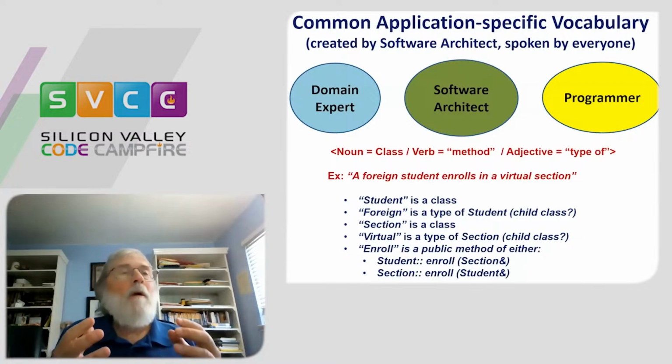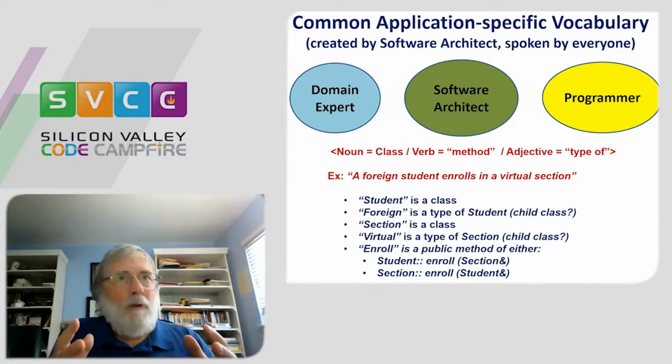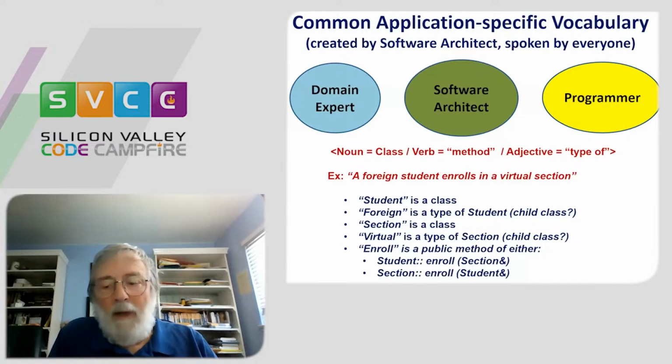And so when we hear words about the application, we're able to map that to the definitions of the classes, of the types of classes, and of the events or the methods that they have to support. That's what we're trying to do, to take that functional specification and make it into something that can be implemented.